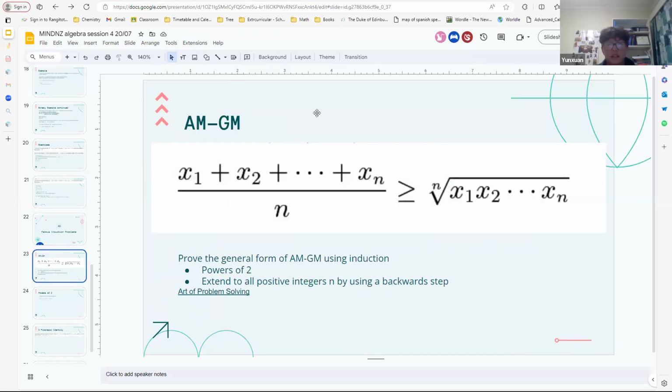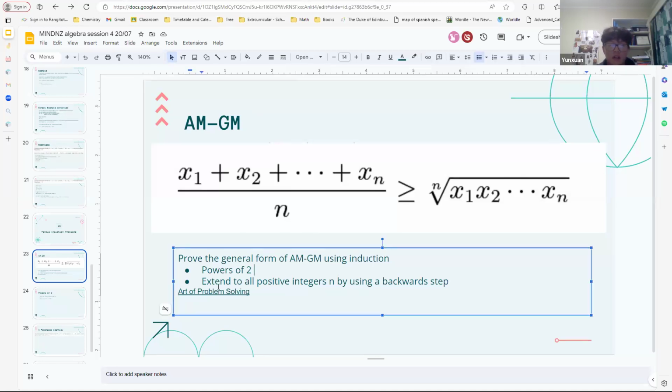So this is a pretty famous induction proof of the arithmetic mean, geometric mean inequality. So it's for the general form. Before we only proved it for 2 terms, but this proves it for all n terms for a positive integer.